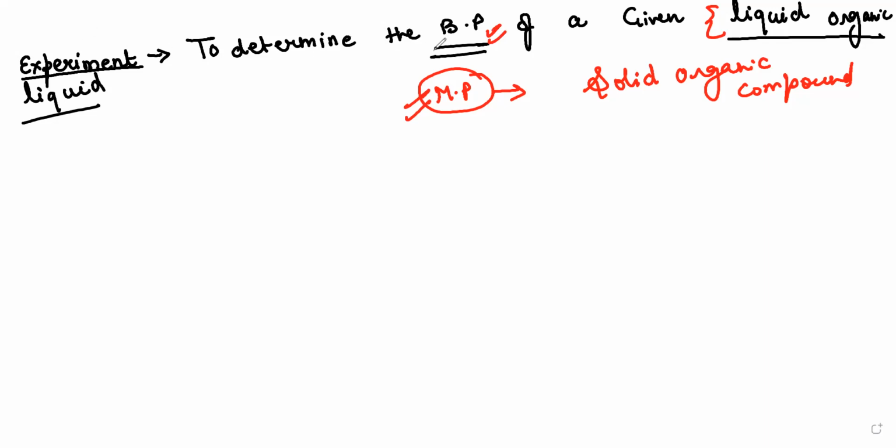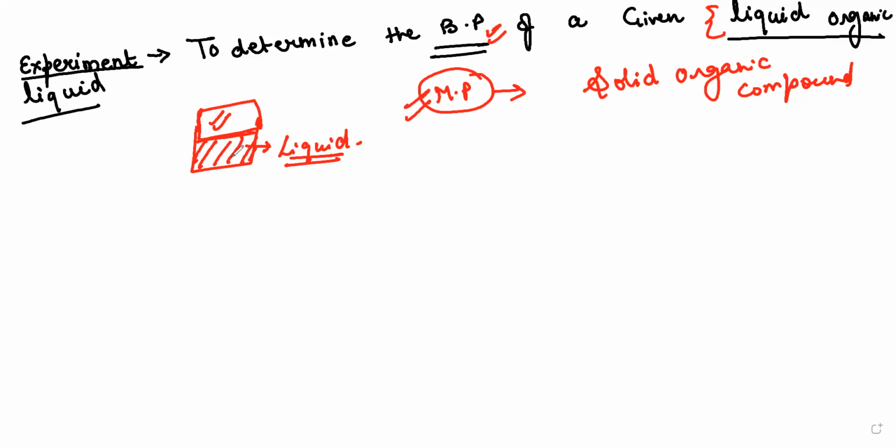Okay, now what is the boiling point here? You all know that if I'm heating some liquid in this beaker, the boiling point is that point at which the vapor pressure created over this liquid becomes equal to the outside pressure.